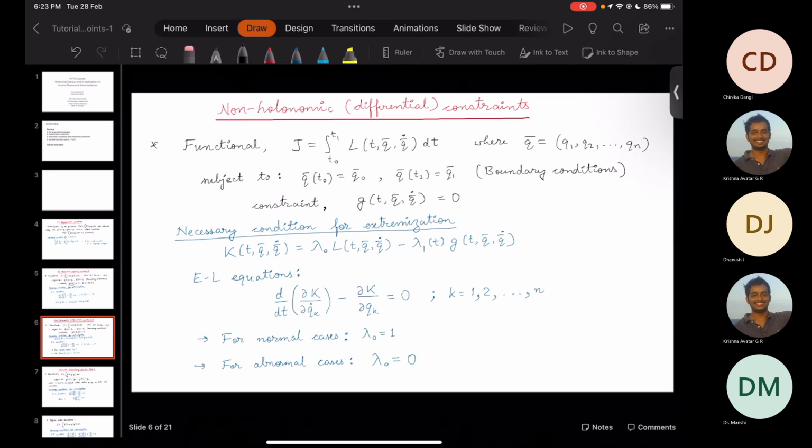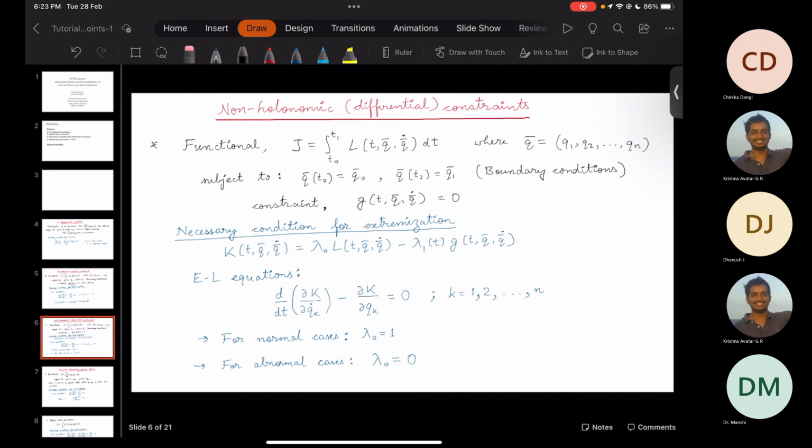The necessary condition for extremization of such problems is given by the Euler-Lagrange equations, defined as d by dt of dou K by dou qk dot minus dou K by dou qk is equal to 0, and this holds for k equal to 1 to n.